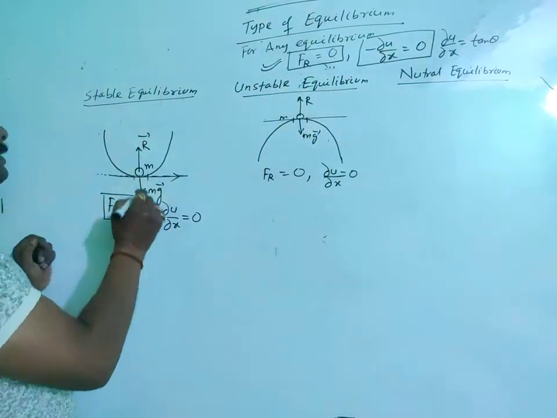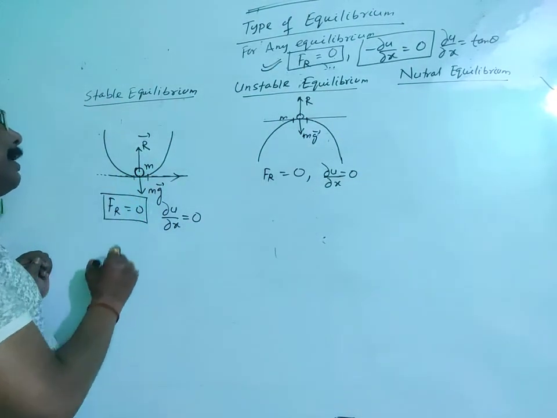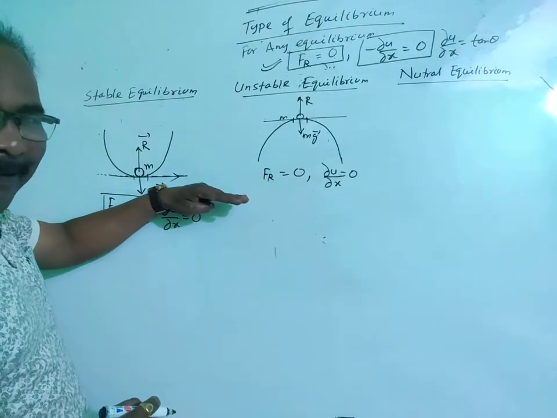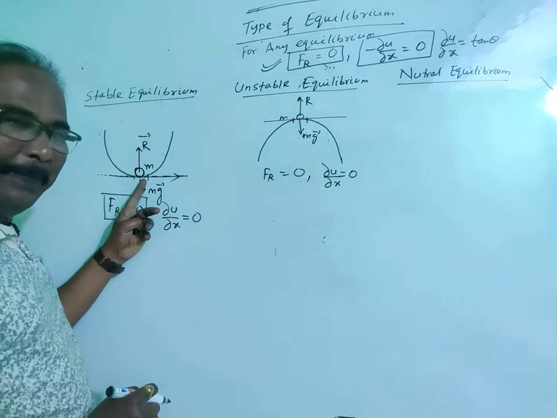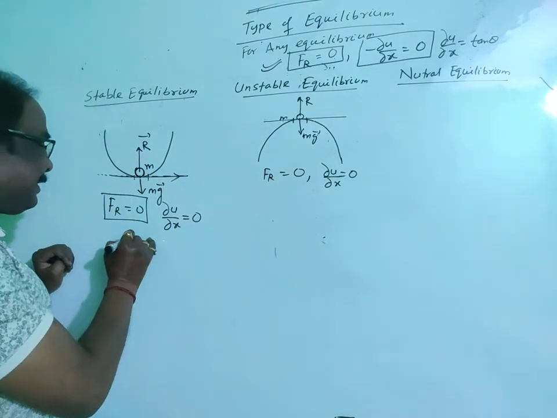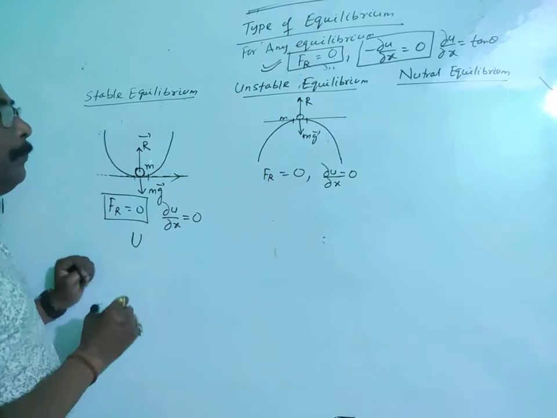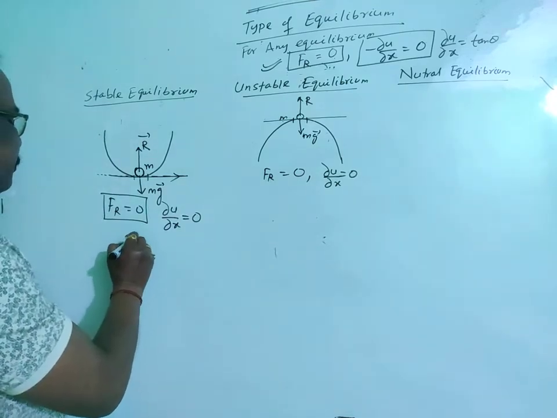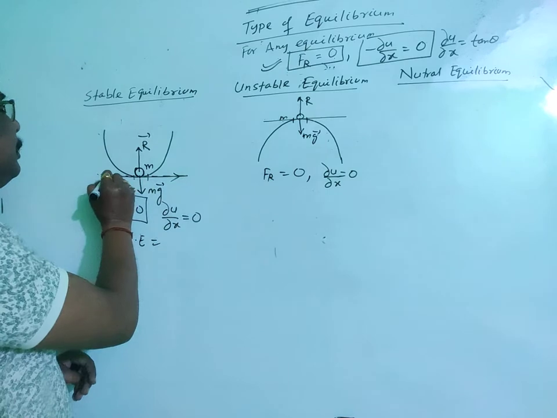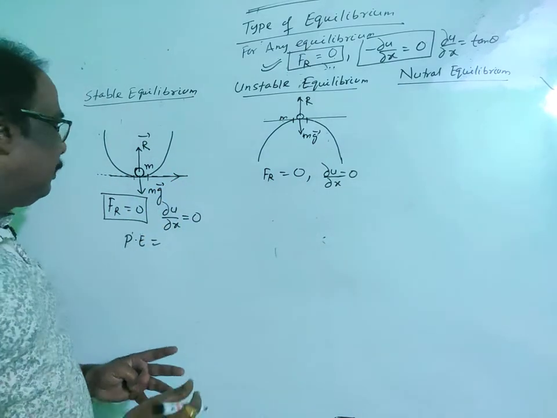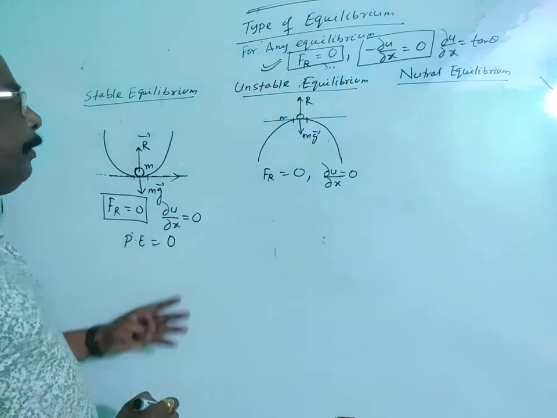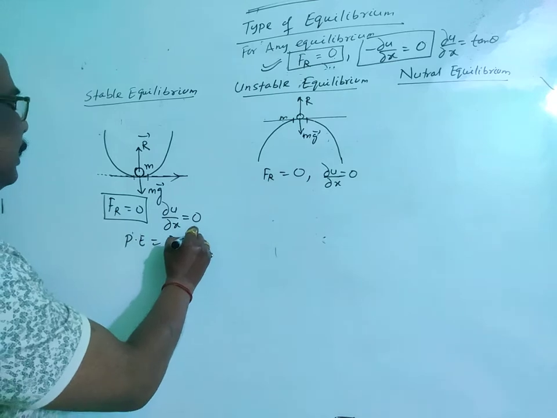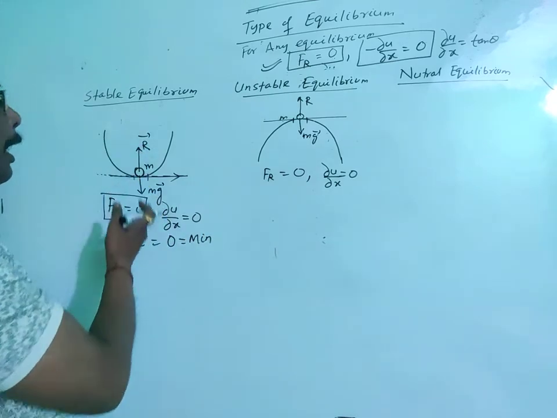In the earlier case, the body is at the bottom of the hemisphere, so we have taken this as the datum level. Height is 0, so potential energy U is 0. Here the potential energy is minimum since the height is 0.